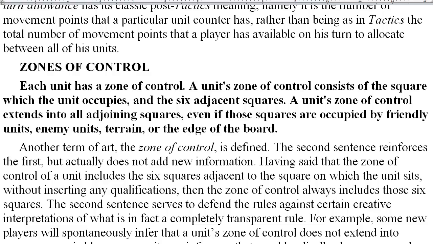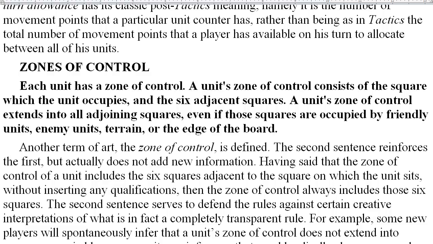Fall of Manchukuo uses a zone of control rule, a rule much like that found in Stalingrad. The zone of control consists of the square that the unit occupies and the 6 adjoining squares. A unit's zone of control is always the 6 adjoining squares, even if those squares are occupied by units of the same side, units of the other side, or one sort of terrain or another.